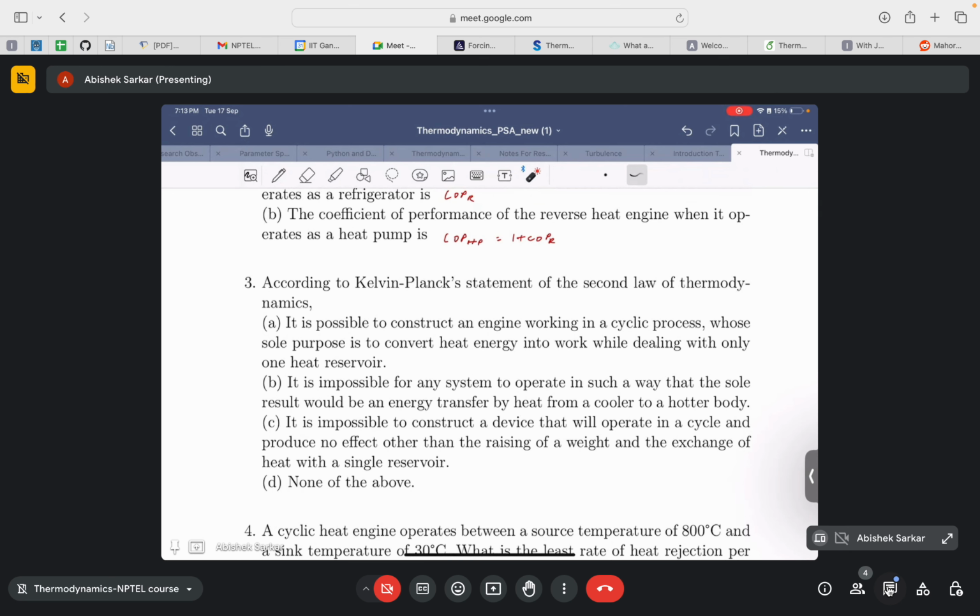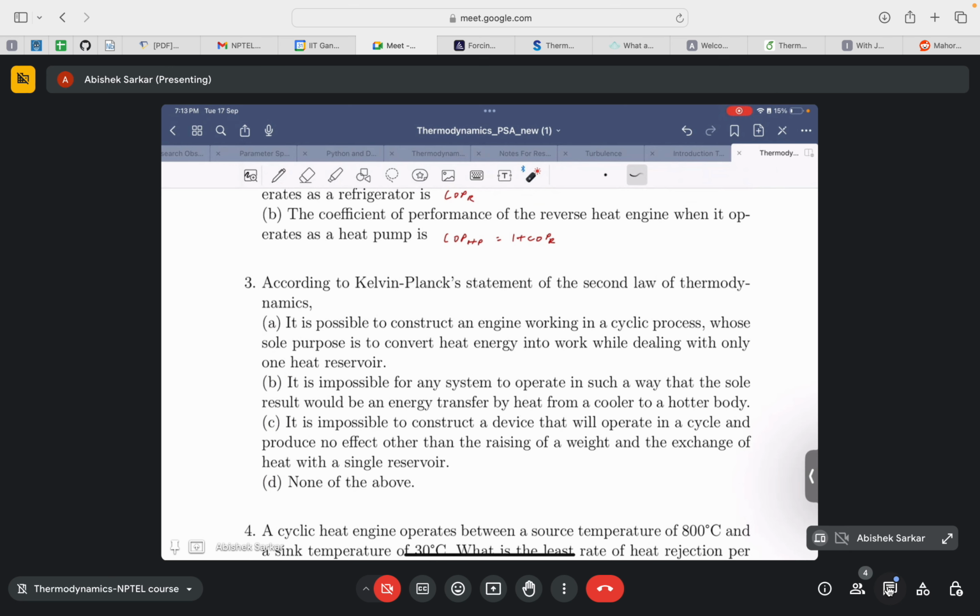According to Kelvin Planck's statement of the second law of thermodynamics, you need to tell me which of the following statements explains the second law of thermodynamics from the Kelvin Planck approach. So what is the Kelvin Planck statement? A says that it is possible to construct an engine working in a cyclic process whose sole purpose is to convert heat energy into work while dealing with only one heat reservoir.